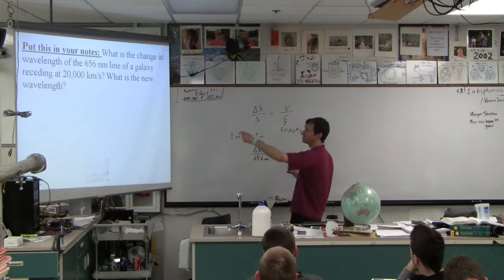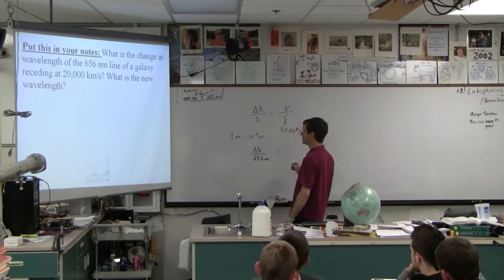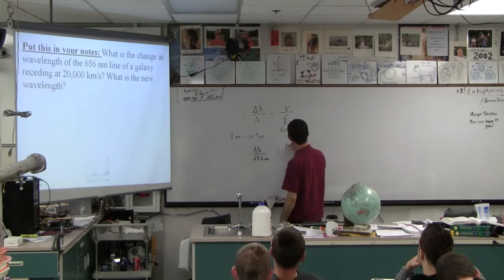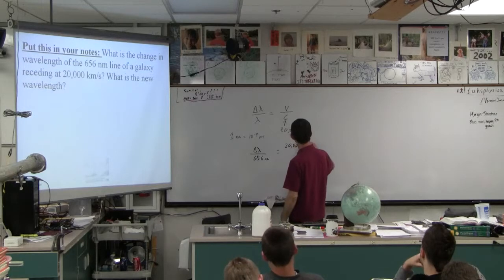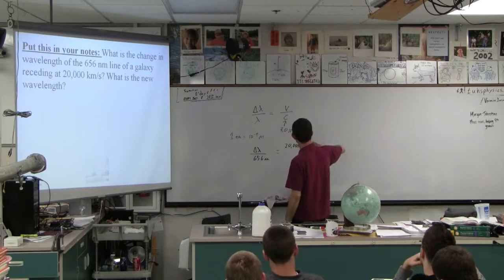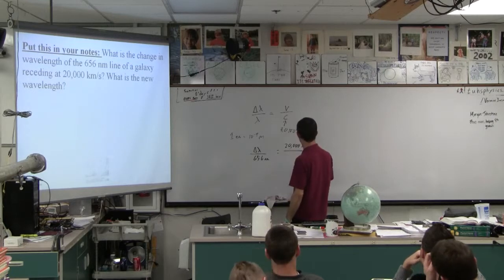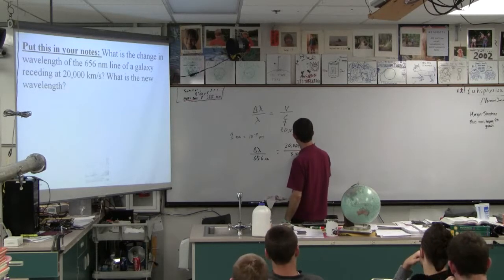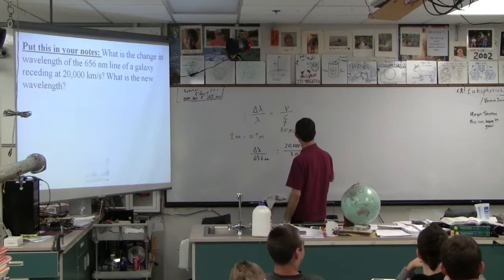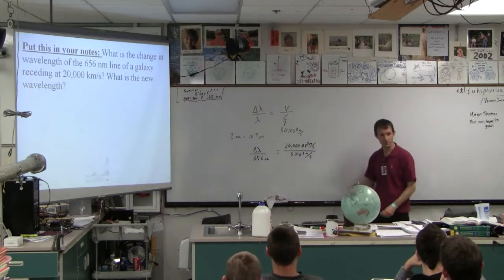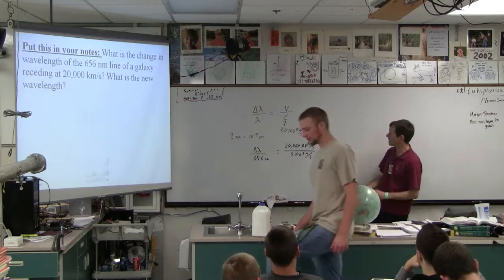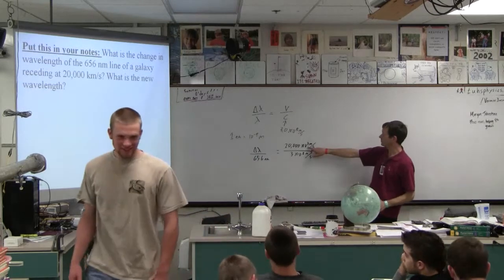Okay? Equals, let's see, it's 20,000 kilometers per second. So that's 20,000 times 10 to the 3rd meters per second, right? Over 3 times 10 to the 8th meters per second. I know that's not proper scientific notation, but that's the safest way to put 20,000 kilometers per second.